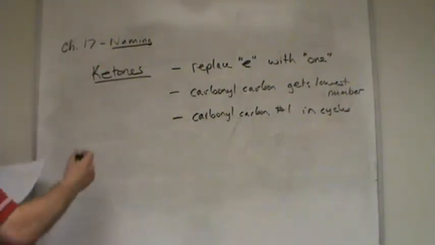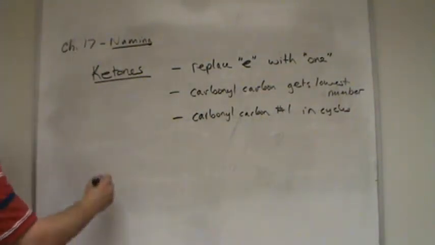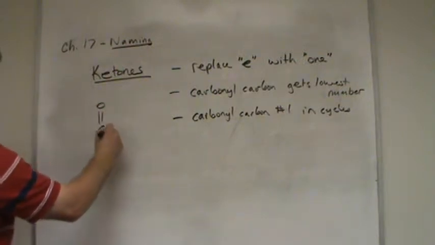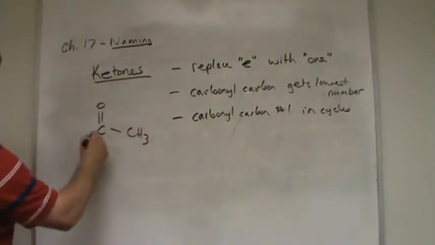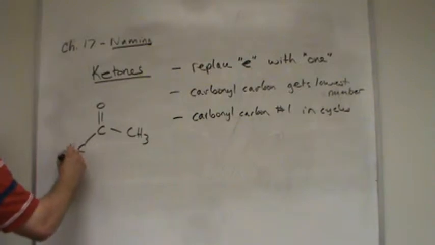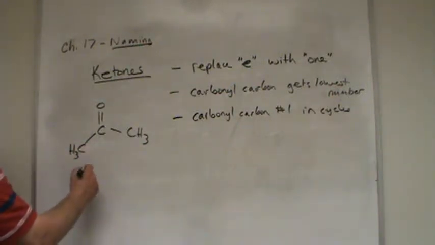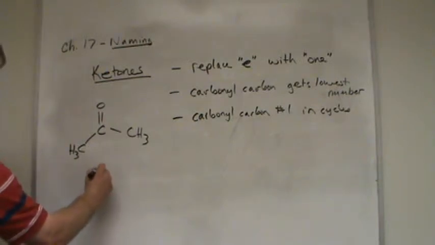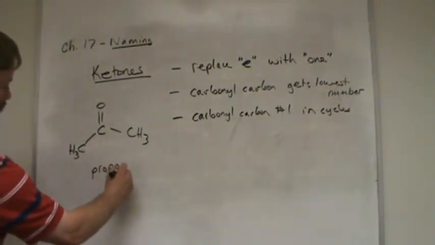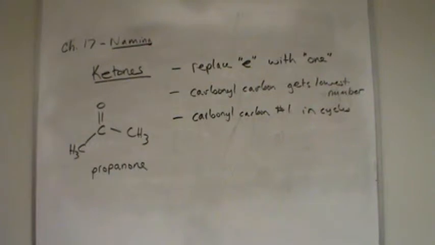Look at another one. Wait, I need to go back right there. There's another way of naming these called the derived method, where you just simply say what's here and what's here, and then you say ketone. So this is a methyl ketone, but there's 2 of them. So the IUPAC name was propanone.